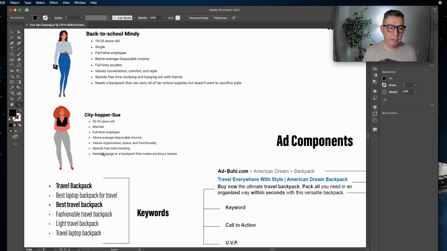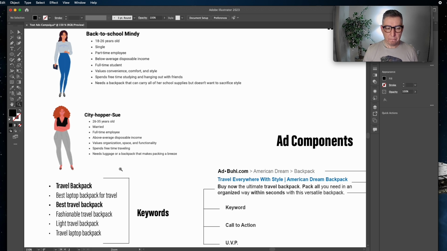Okay, so in this case I will focus on Sue for this example, right? So Sue is looking for a backpack that provides organization, space, and functionality. She likes to spend time traveling, and she needs this backpack for packing her stuff.